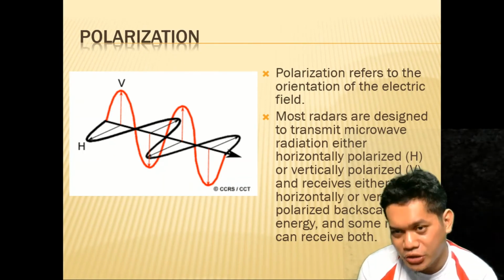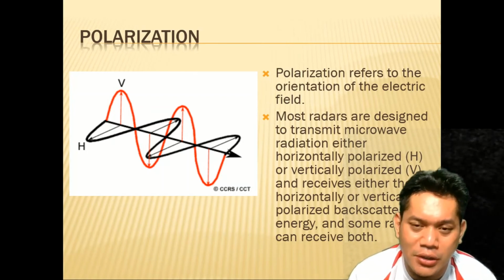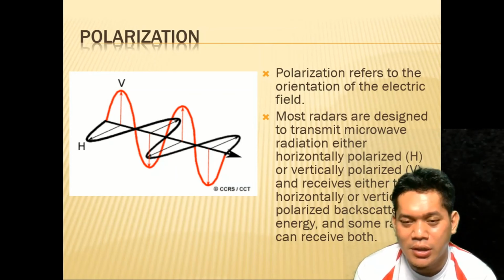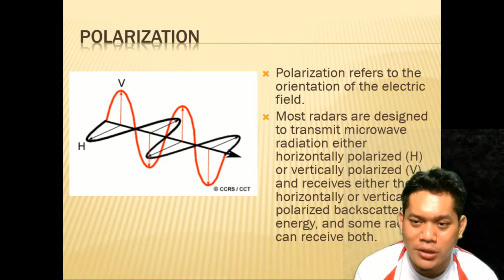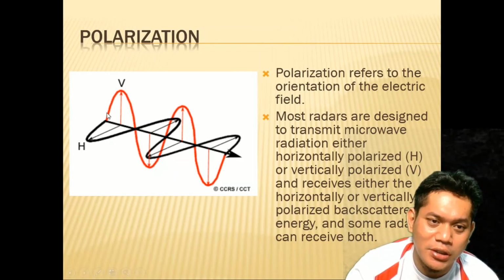We also talk about polarizations. Polarization refers to the orientation of the electric field, where most radars are designed to transmit microwave radiation in horizontal or vertical polarizations. For horizontal polarization, the signal is sent like this; for vertical, like this.